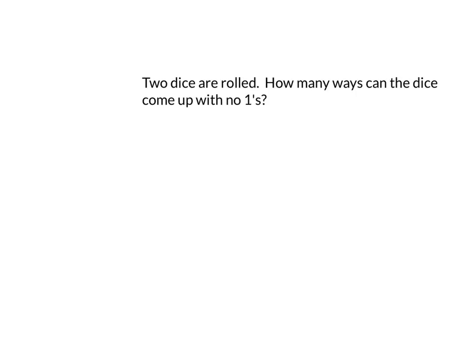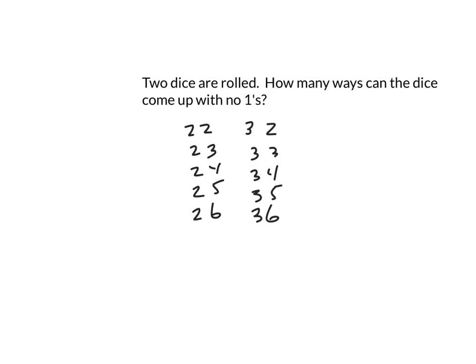Another thing we could do is just list them out, all the ways we could roll them without getting a 1. So I'm going to do that really quick. Let's see. I could get a 2-2, 2-3, 2-4, 2-5, 2-6. Or 3 on the first, 2 on the second, 3-3, 3-4, 3-5, 3-6.